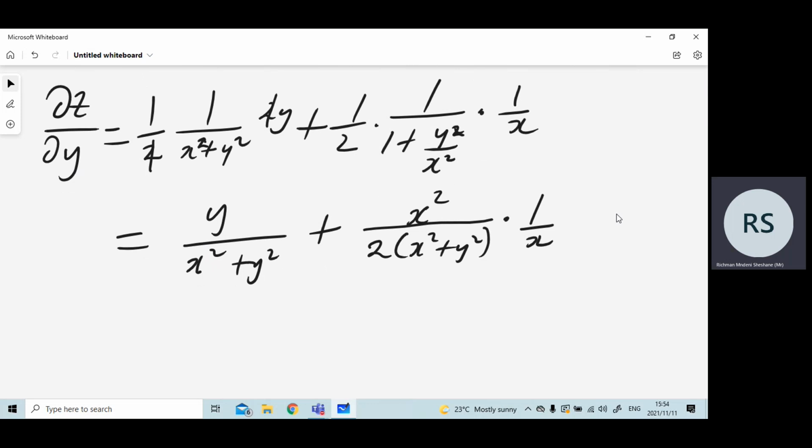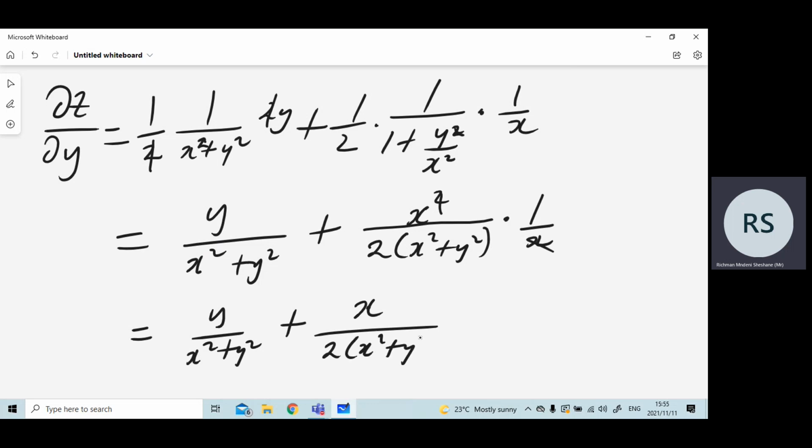So when we simplify our first partial derivative, this will be y over x squared plus y squared, and then one x cancelled with x in the denominator, so we're going to have x over 2 times x squared plus y squared. Again, let me add these two fractions.